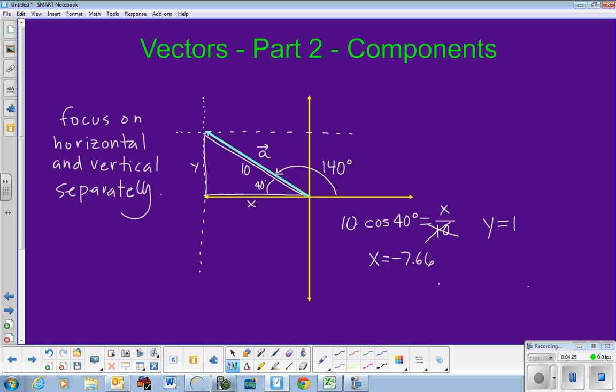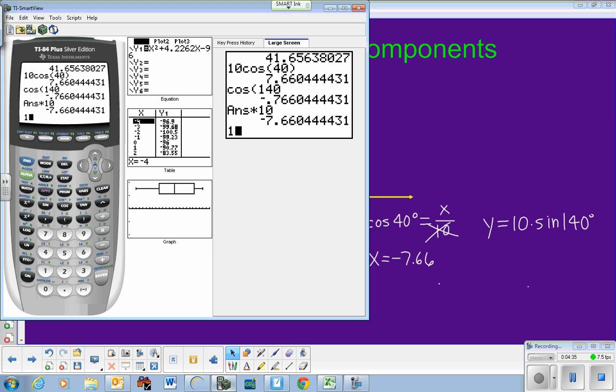So quickly then, what's the y portion? Y is going to equal 10 times the sine of 140, just like x was 10 times the cosine of 140. So 10 times the sine of 140, and it'll give me this as a positive number because it knows that the sine of 140 is positive, it's upwards, and this is 6.43.